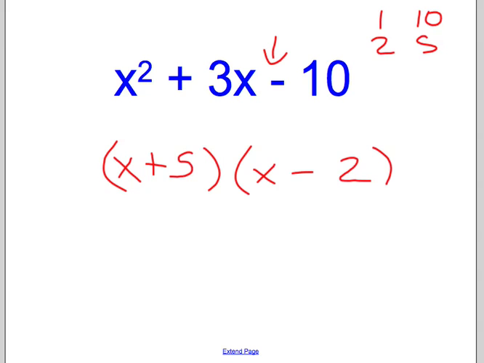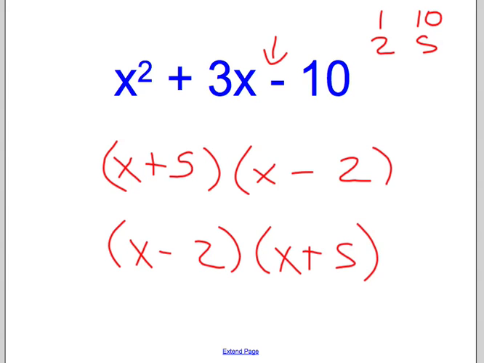Ethan. Wouldn't you have to be careful on where you put the sign? You have to be careful with which number to put with the sign, yes. Well, on that one, you couldn't put the negative first, could you? Well, we could because I could write it as x minus 2, x plus 5.